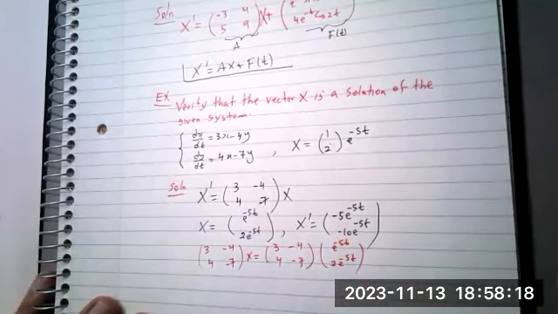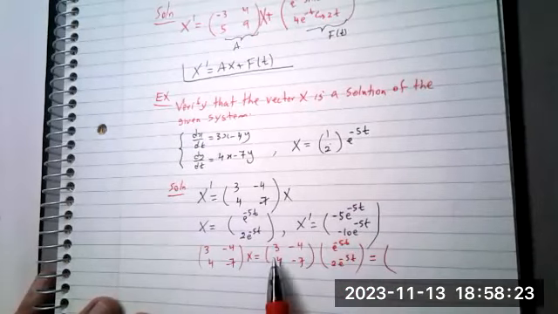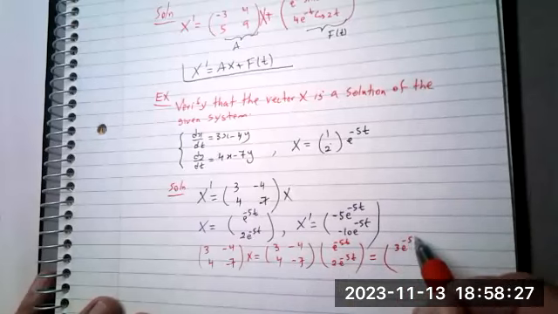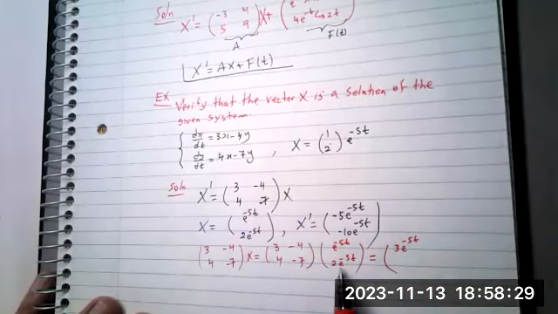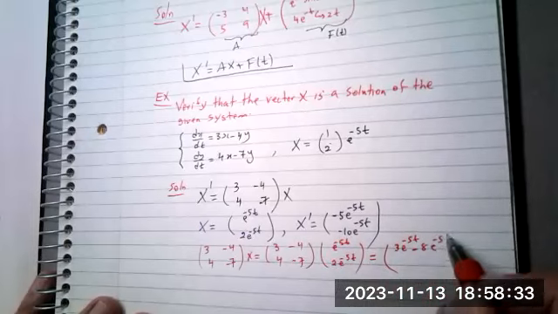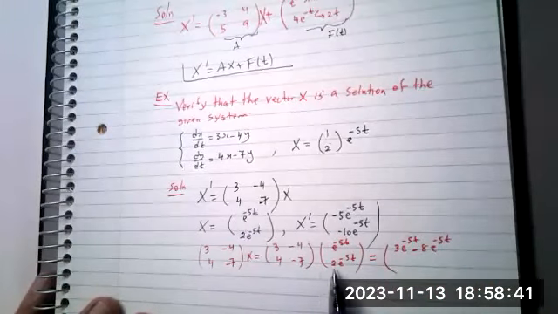Remember the way we talked about it? That's going to be equal to what? 3 times the first gives 3e to the negative 5t, minus 8e to the negative 5t, so 3, -4 dot product with the column. In the second part, 4 times 2 would be 8.